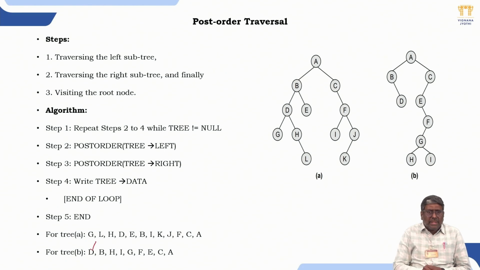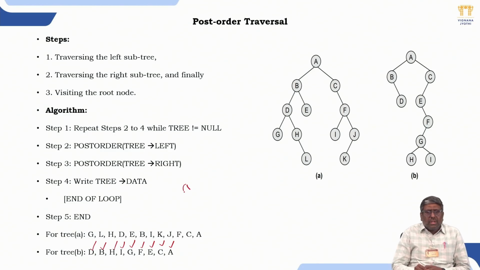So here we have G first, then H, then L, then D, then E, then B, then I, then J, and at the last A. And here we have to remember two important things.